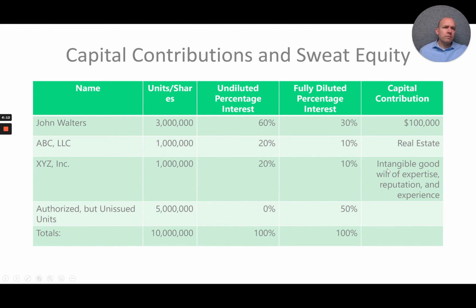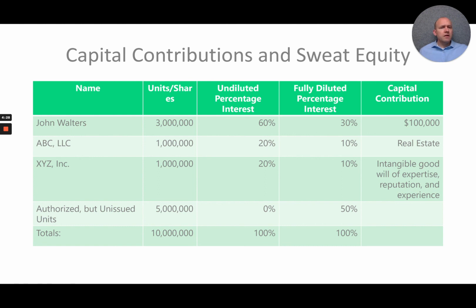But one thing that you can do is have that person contribute intangible property, and a type of property that's recognized is goodwill.